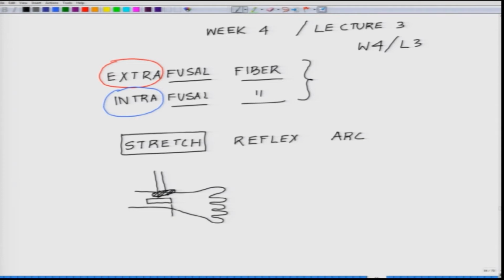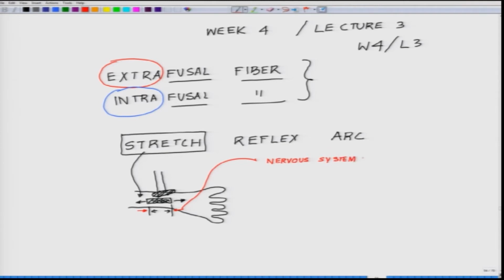So, once I apply the force, if this is the area of my choice, there is a change in length, there is a stretch here. This stretch is brought back to its original shape like this, and there is an involvement of the nervous system in bringing it back.